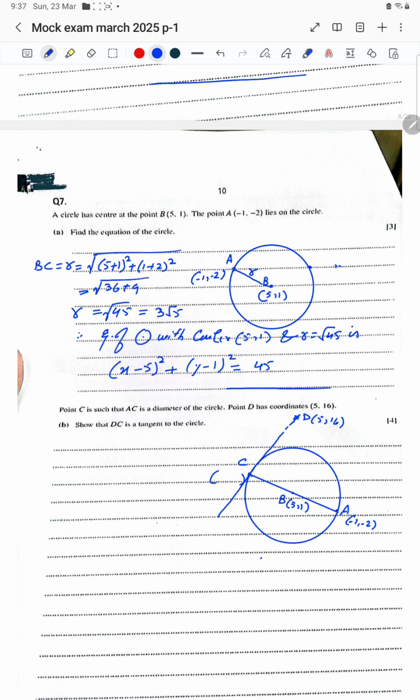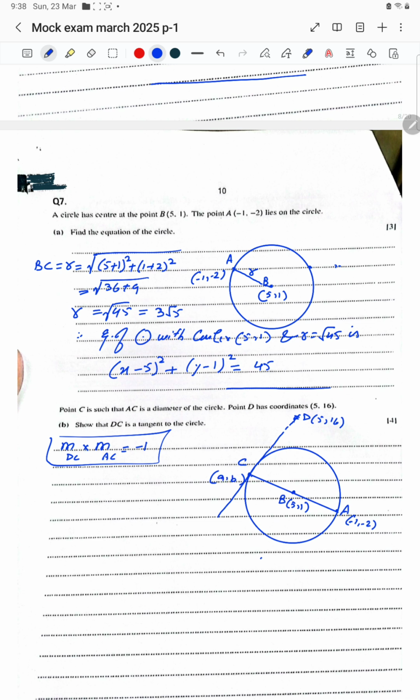So I show that DC is a tangent to the circle. For the DC tangent, we know the gradient of DC multiplied by the gradient of AC should equal -1. This we can prove. So for this reason, we need to find the coordinate of this point first.